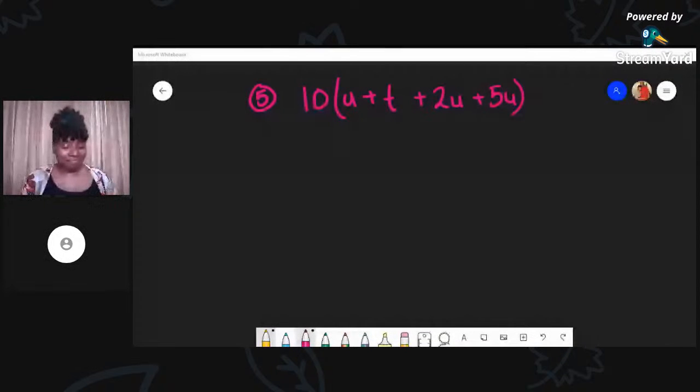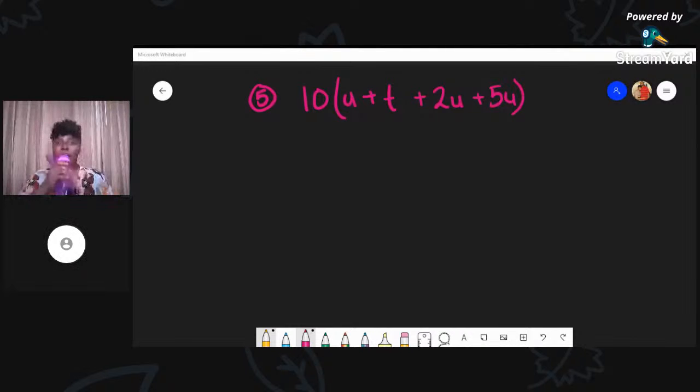I'm going to work on this. First I have to do the things that are in the parentheses. I've got a bunch of U's here, so I'm going to work with those first. So 1 U plus 2 U's plus 5 U's, that's 8 U's.